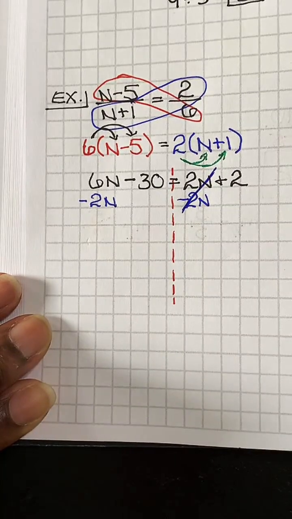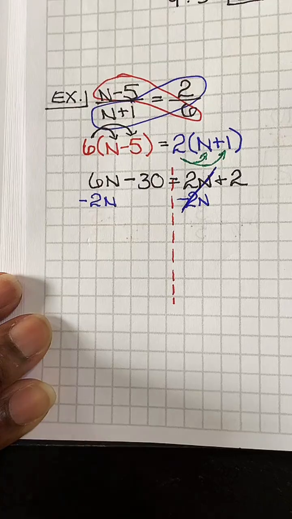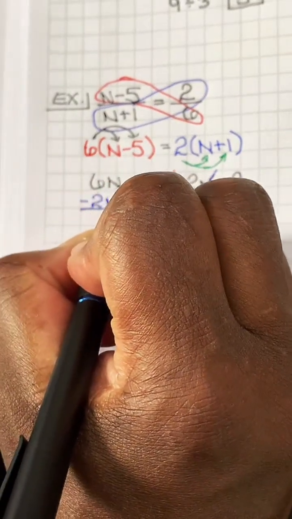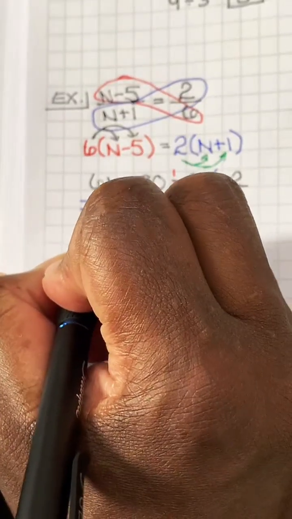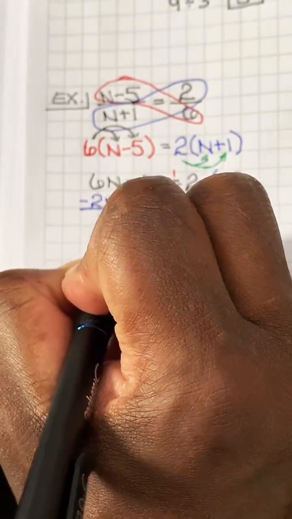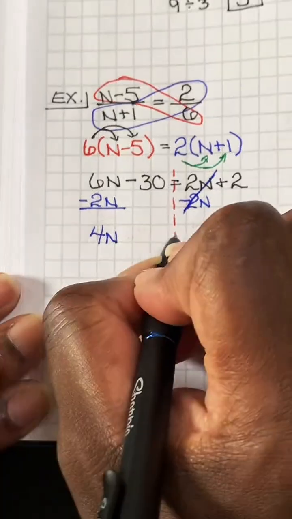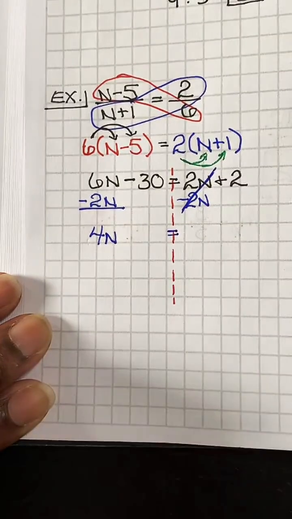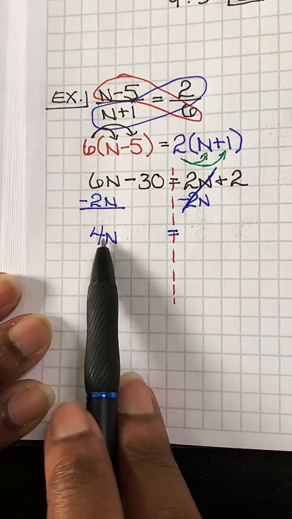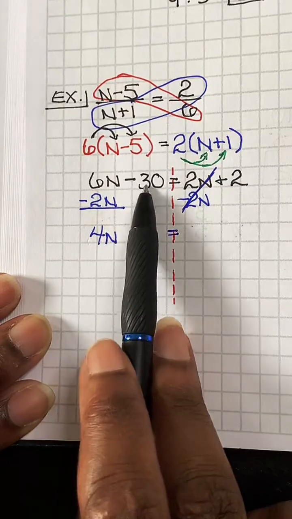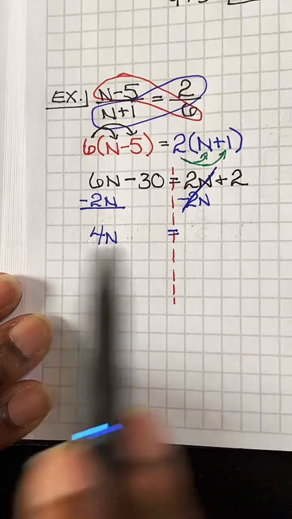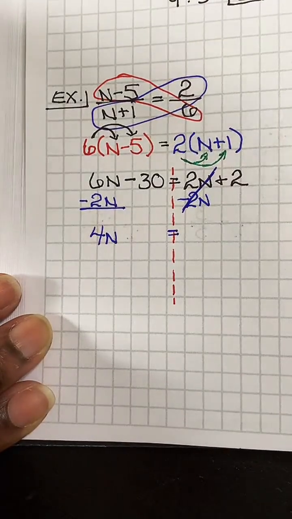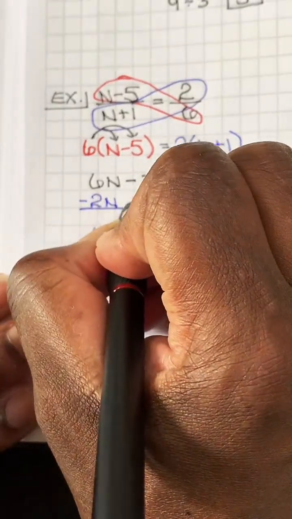That's math, making decisions. So when you have your 6n minus your 2n, that's going to give you your 4n. Bring down my equals. If my n's are going to be on the left-hand side, that means my constants need to be on the right-hand side. So that means I need to add 30.